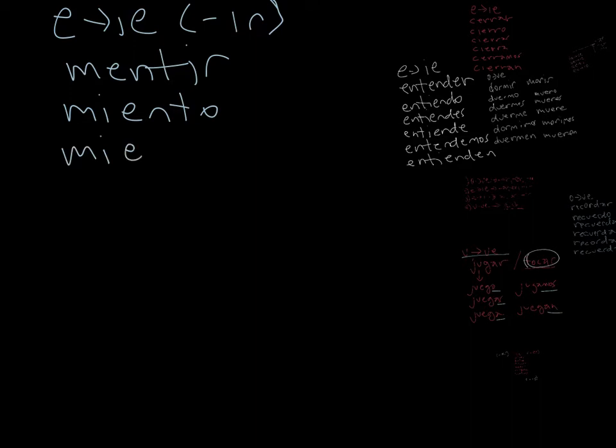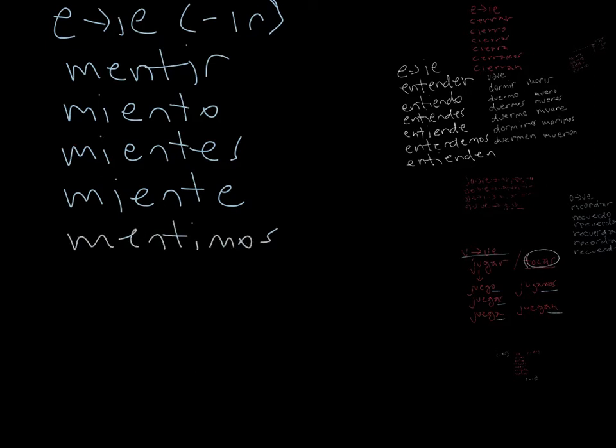Tú mientes, you lie. Él miente, he lies. Ella miente, she lies. Usted miente, formal you lie. Nosotros mentimos, no stem change for nosotros. And ustedes mienten, or ellos, ellas mienten. Mentir, IR ending, where E is going to change to IE. Miento, mientes, miente, mentimos, and mienten.